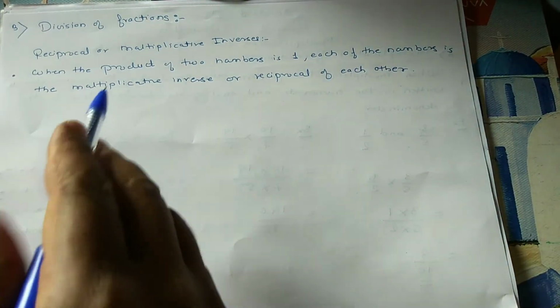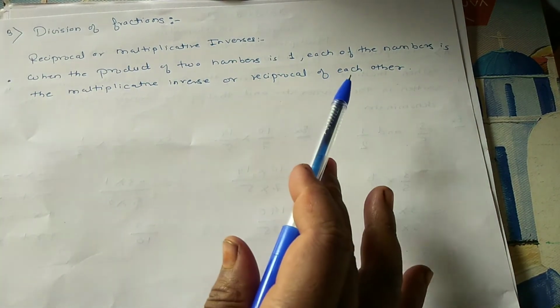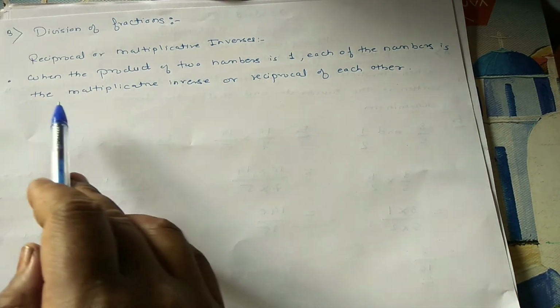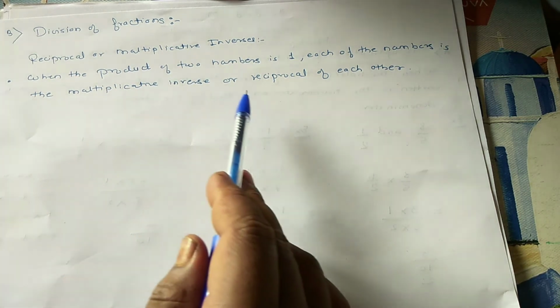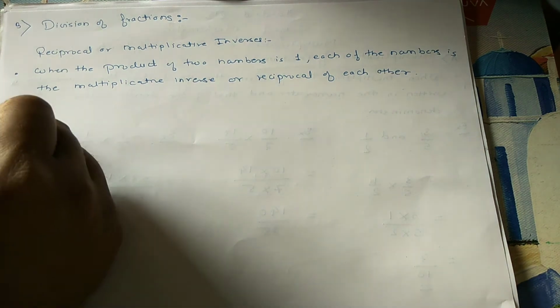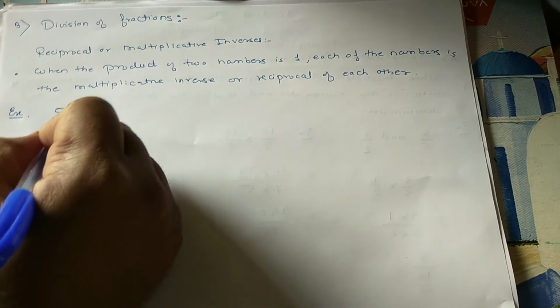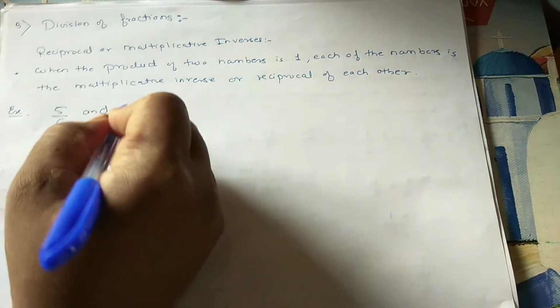Again I am repeating, when the product of two numbers is 1, each of the numbers is the multiplicative inverse or reciprocal of each other. To understand this, let us consider one example. Okay, suppose here I am taking the product of 5 upon 6 and 6 upon 5.